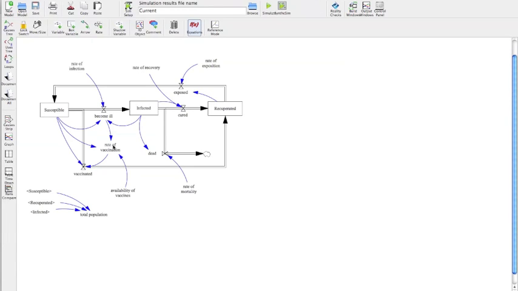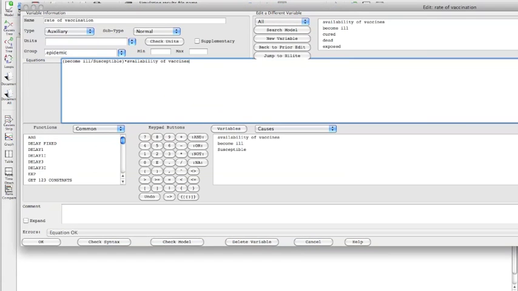The rate of vaccination here is a ratio of the people that become ill as a fraction of the susceptibles. So whatever fraction of susceptibles become ill times the availability of vaccines.